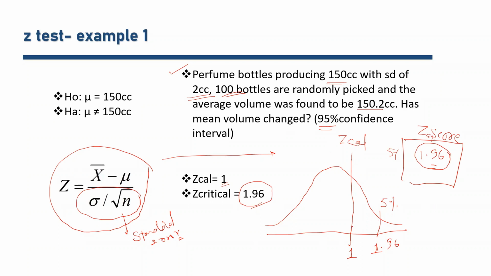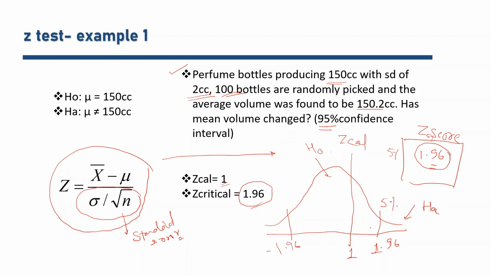So if you compare 1 and 1.96, this is the alternate hypothesis, and this is your null hypothesis. If this is 1.96 here, here it will be minus 1.96.